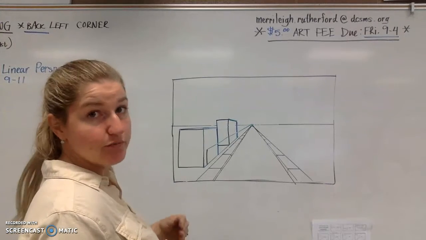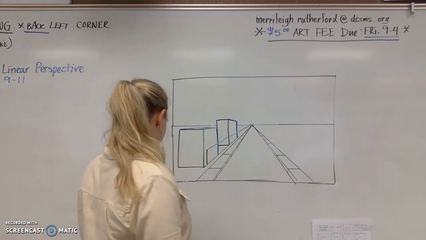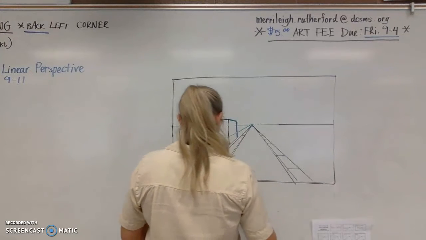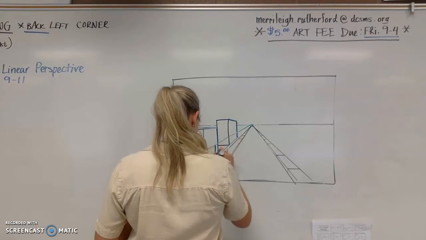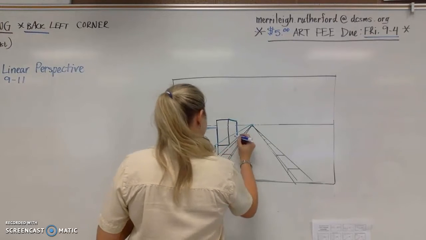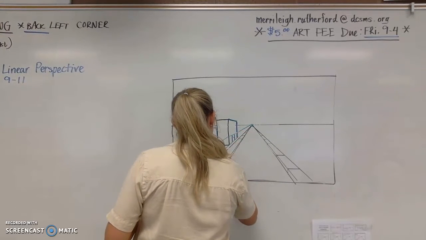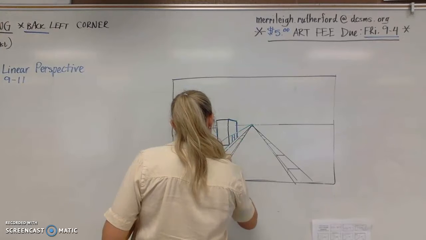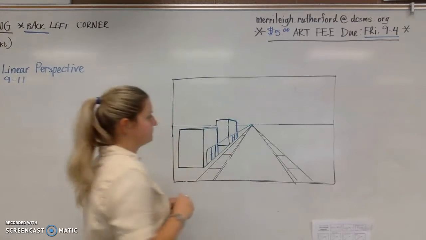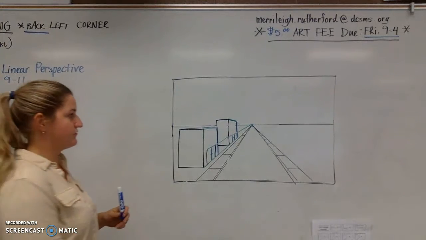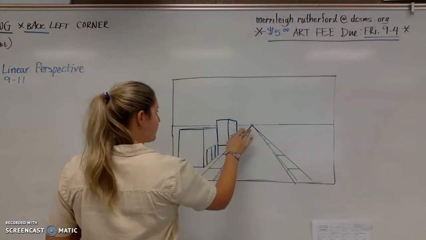It's nice if you get all your buildings in place, you can do your doors and windows all at the same time. Two doors. So this can go away. That can go away.